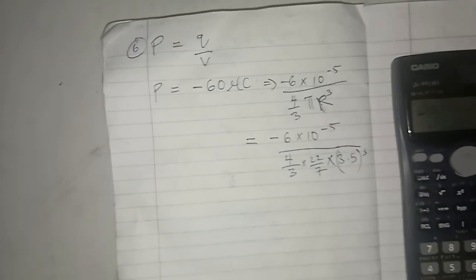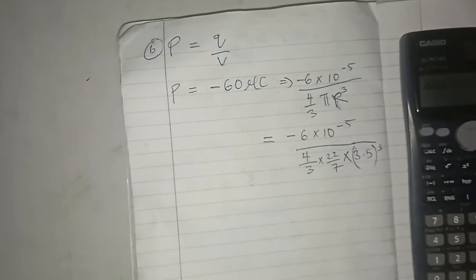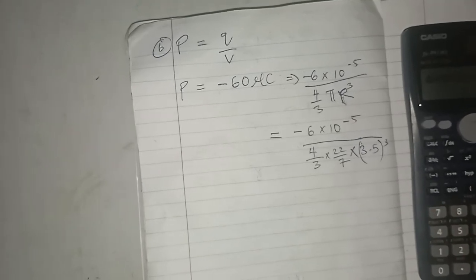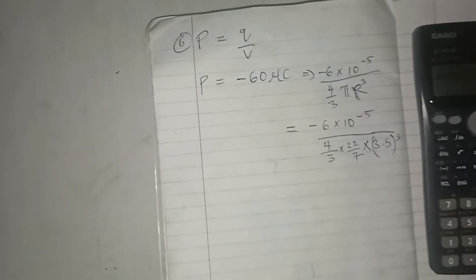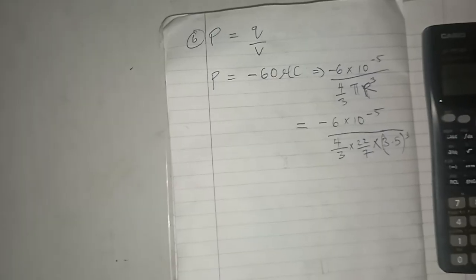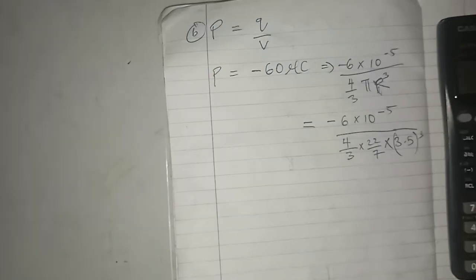So let's go back to business. For this one, we do it this way, let's do the denominator first. 4 divided by 3 times 22 divided by 7. So we know that 3.5, first of all, 3.5 raised to power 3.